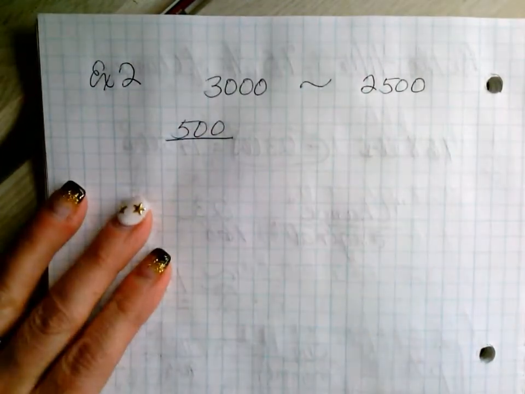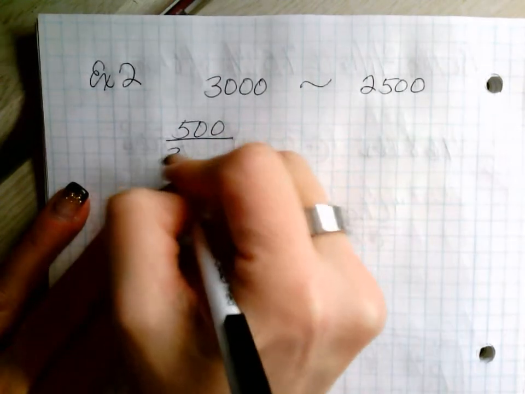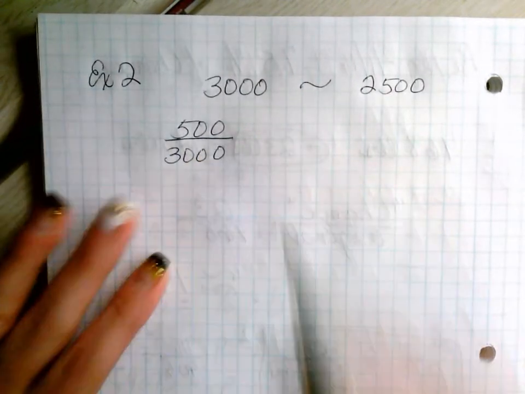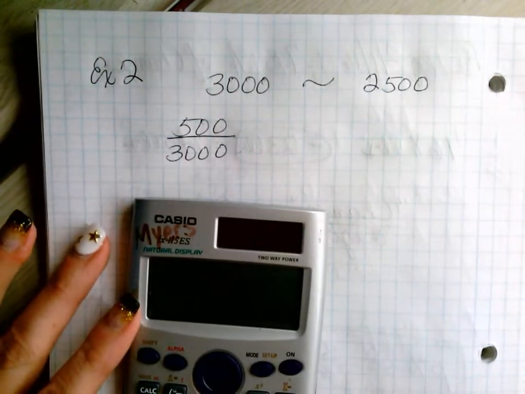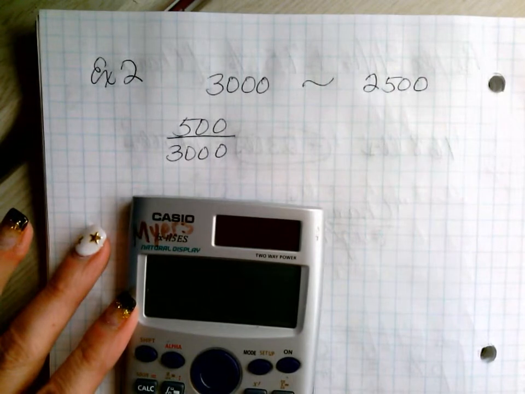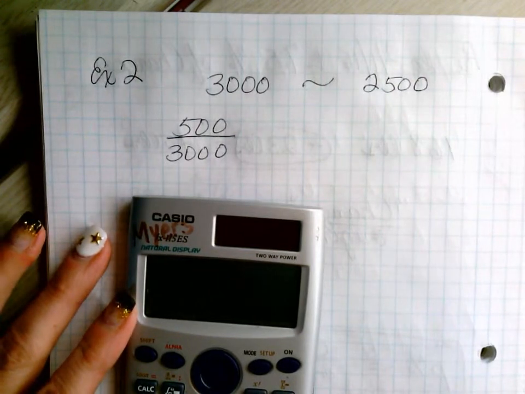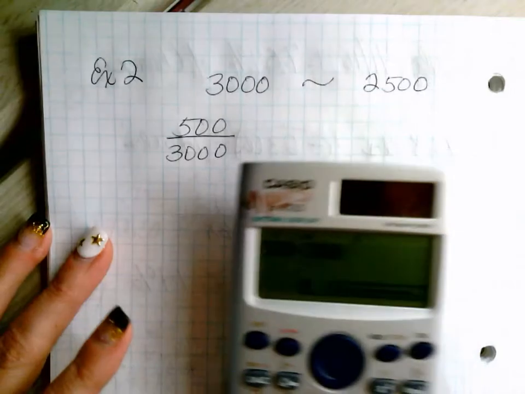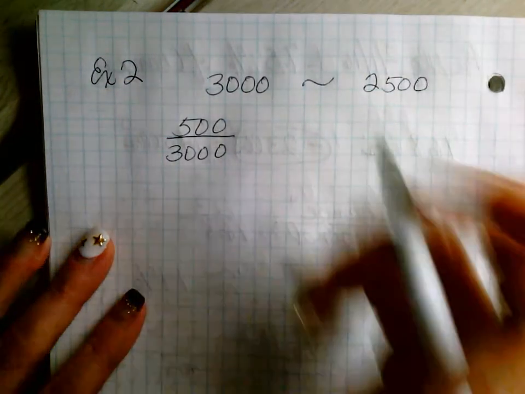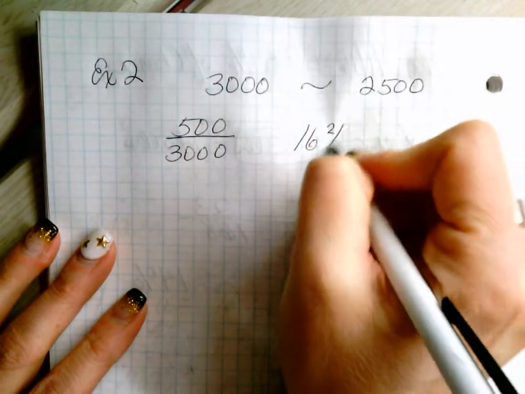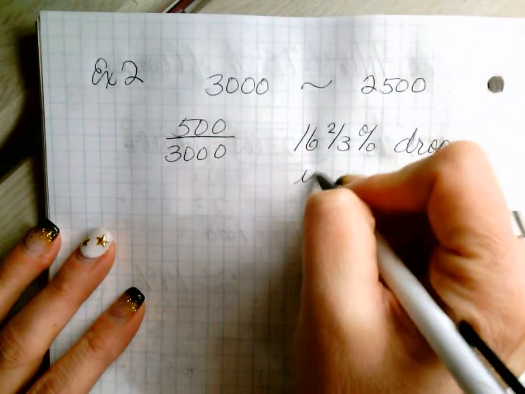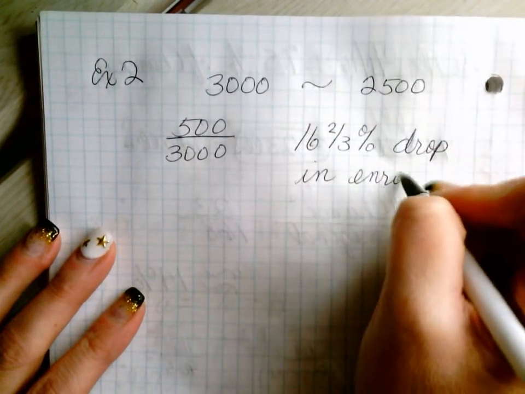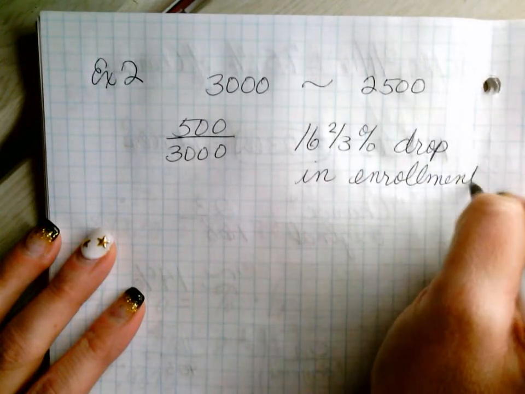So using my example, 500 over 3,000, which was the original amount at my alma mater, will tell us 16. Did you guys come up with 16? 6666? 16 and 2/3% drop in enrollment at my alma mater.